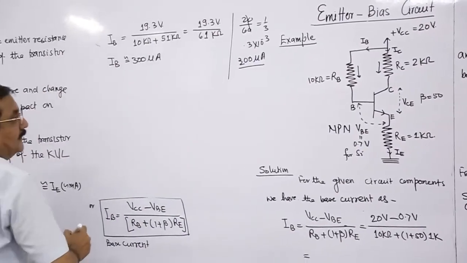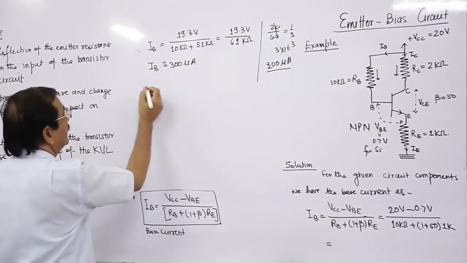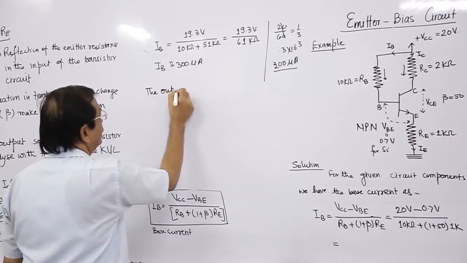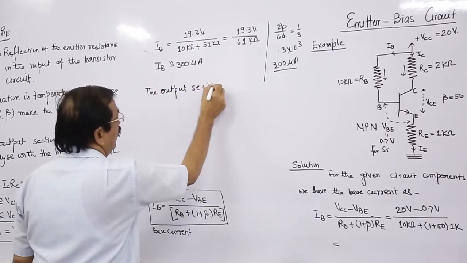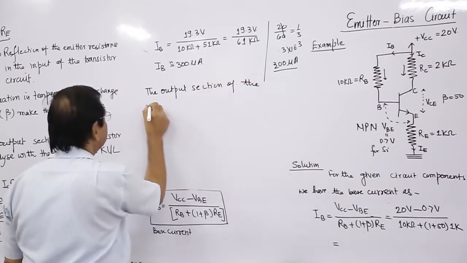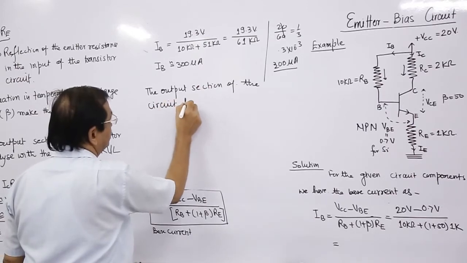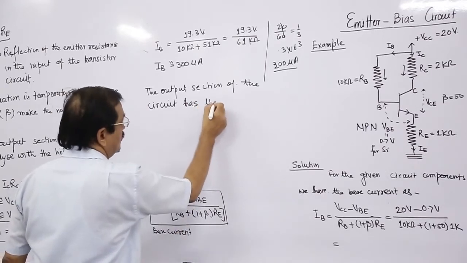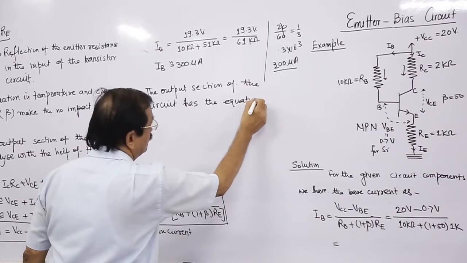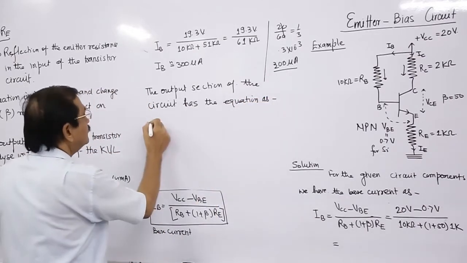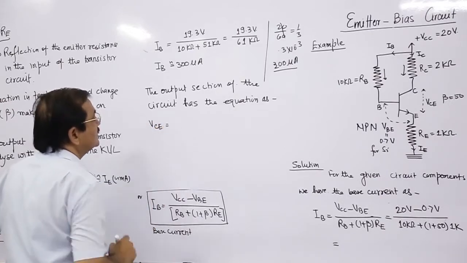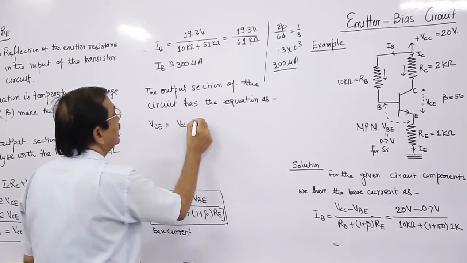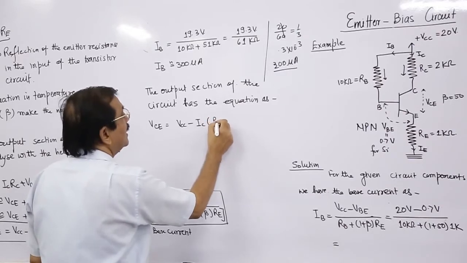Now the output section of this circuit has the equation VCE is equal to VCC minus IC into RC plus RE.